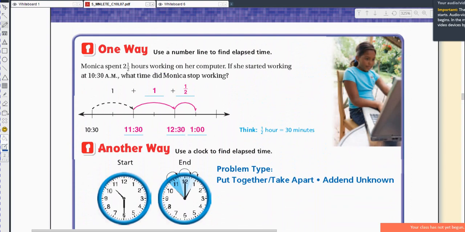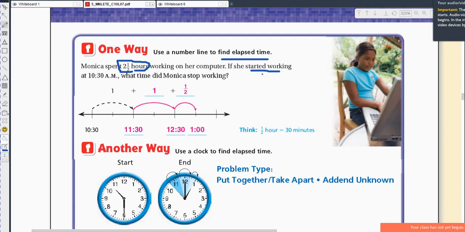Okay, now use the number line to find the elapsed time. Monica spent 2.5 hours working on her computer.